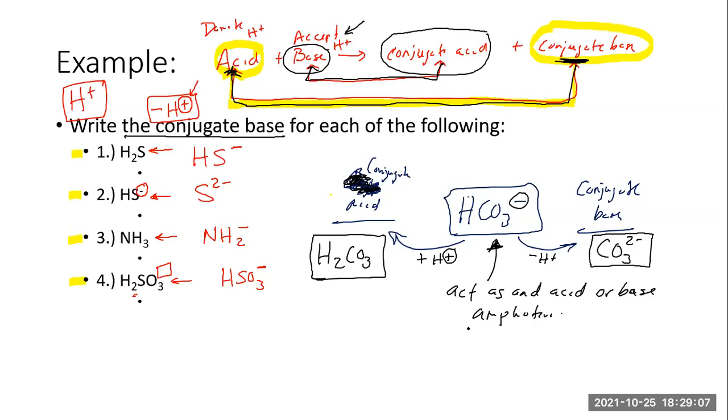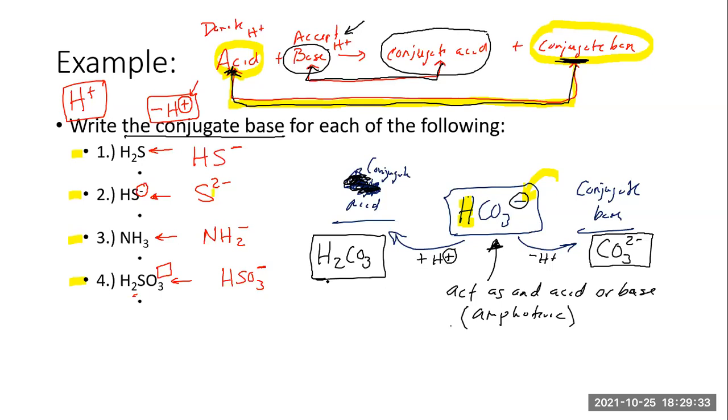So an amphoteric substance is a substance that can act as an acid or base. Very commonly seen when you're dealing with something like what we're dealing with in the middle, when you're dealing with somebody that has like an H and also like a minus charge. It's a very common thing that they could actually go both ways. They could either act in certain cases as an acid and in other cases also as a base.